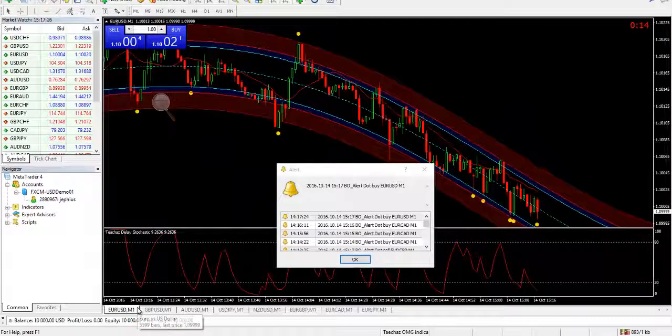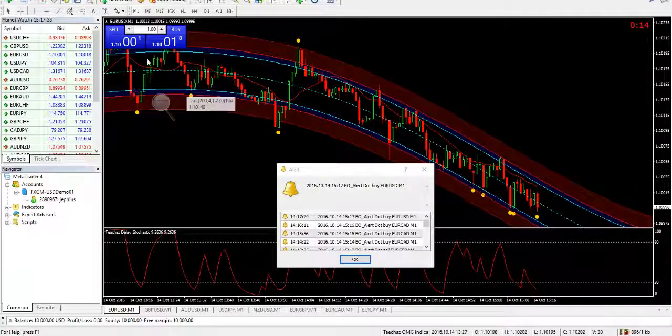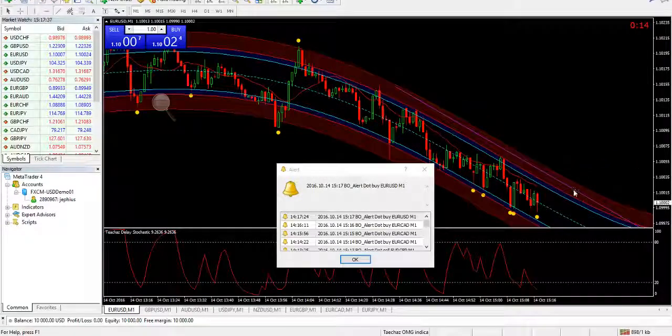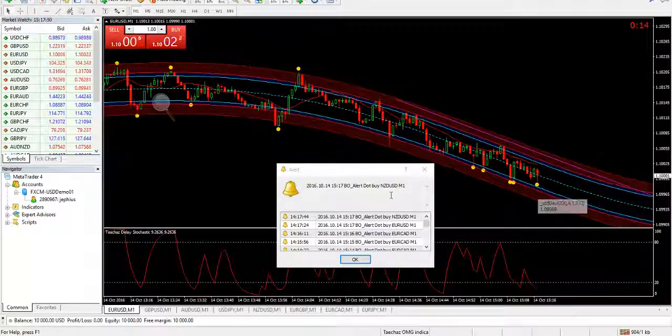Euro USD, I got another signal, but I'm not going to trade on this one, because as you can see, guys, this is a downtrend. You can see that it's going down all the way, but here the signal is saying it's going to go up, and here the confirmation is right, it's okay. But even here, it's not even at the red bottom of the channel, the down one.